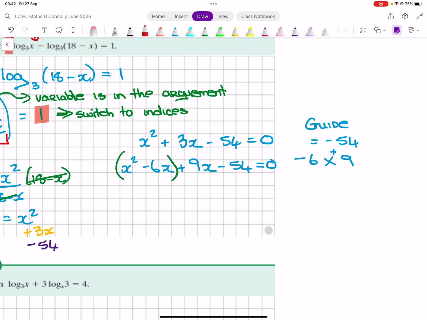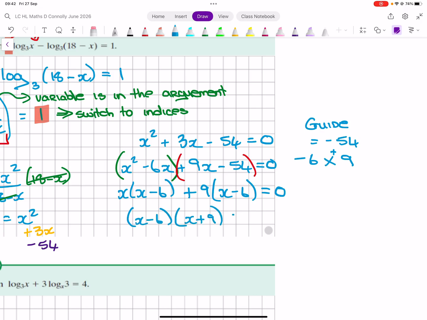We'll go green and red. x times x minus 6 plus 9 times x minus 6. So that is x minus 6 and x plus 9. Let each bracket equal 0, so x minus 6 equals 0 and x plus 9 equals 0. So x equals 6 and x equals minus 9.